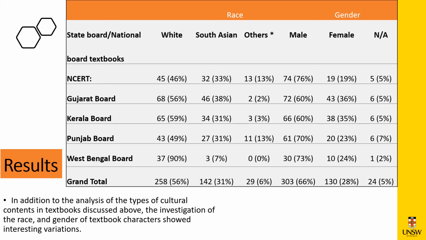Because of the small percent of Asians who were not South Asian, black, mixed race, or people who could not be categorized into any racial categories, 6%, these categories were grouped into one other category. Of the states, West Bengal textbooks had a high percentage of the white racial group, 90%.